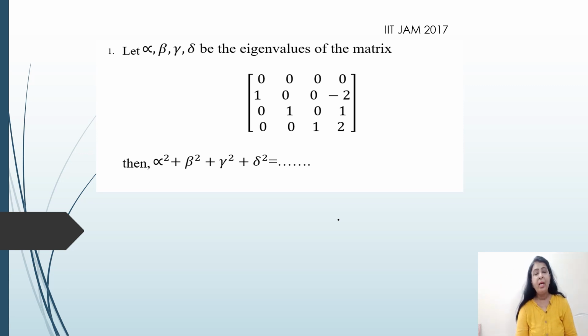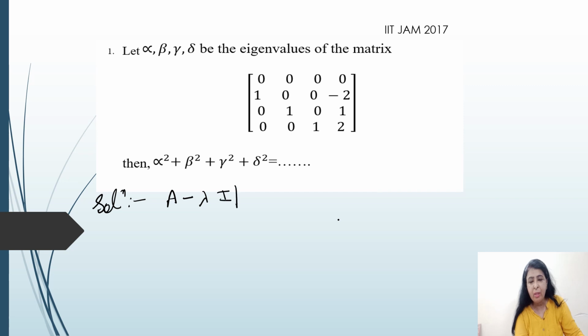Now alpha, beta, gamma, delta are the eigenvalues of the matrix. As you know how to find the eigenvalues, we will write the characteristic equation. The characteristic equation is determinant of A minus lambda I equal to 0.